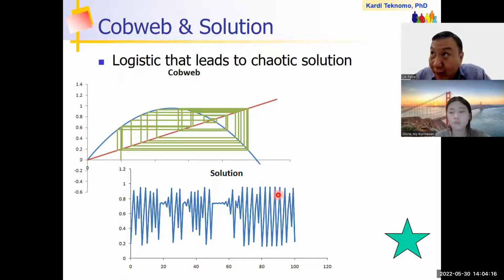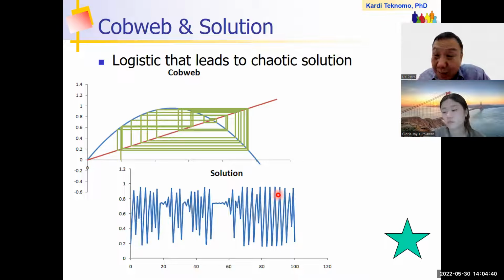Chaos is basically deterministic random. What's the meaning? You have a random behavior, or apparent random behavior, which comes from an equation with no random number at all. We don't even put a random number here.